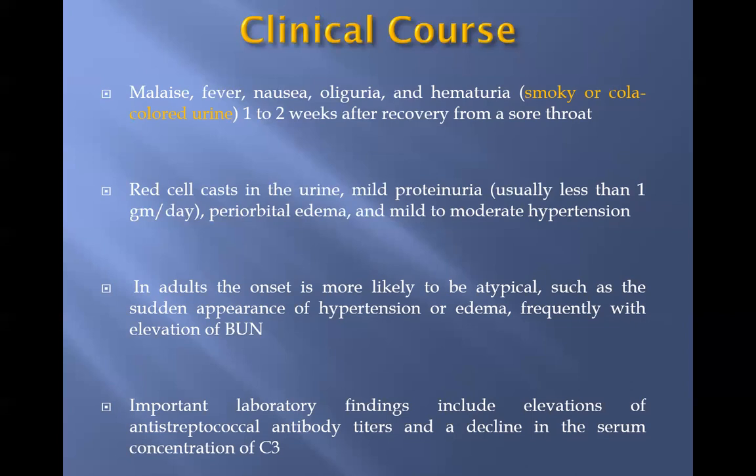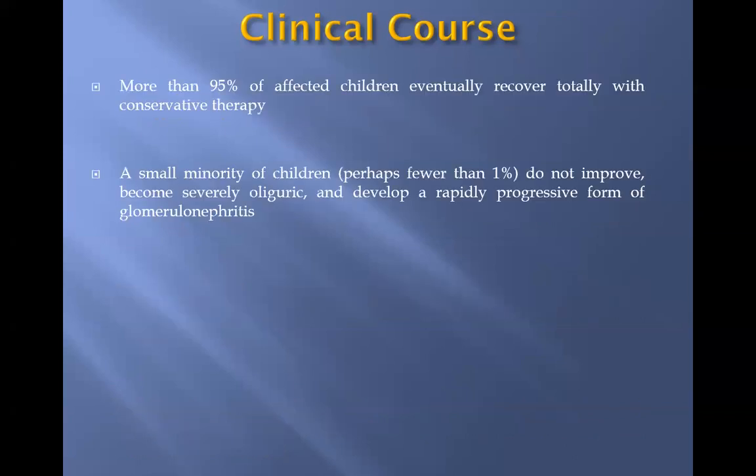Important laboratory findings, as you all know, are elevation of anti-streptococcal antibody titer, ASO titer, along with a decline in the concentration of C3. Why? Because C3 is being used in complement activation. More than 95% recover completely from the disease.